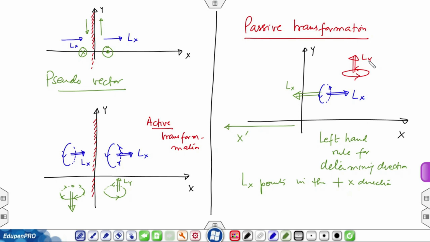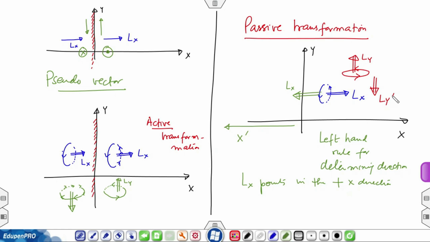Again, when I look at it from the reflected frame, now I will use the left hand to determine the direction of Ly, and that gives me Ly prime pointing down. So, you see it is in the negative y direction. Again the same thing, the two different ways of looking at it, active transformation and passive transformation. So, I have given you a physical feel of what happens when you apply these reflection transformation or inversion.